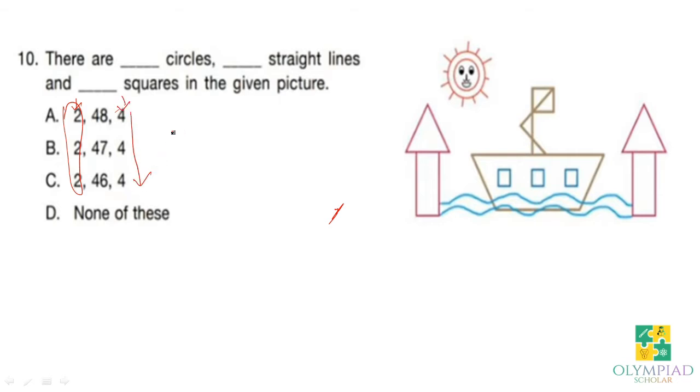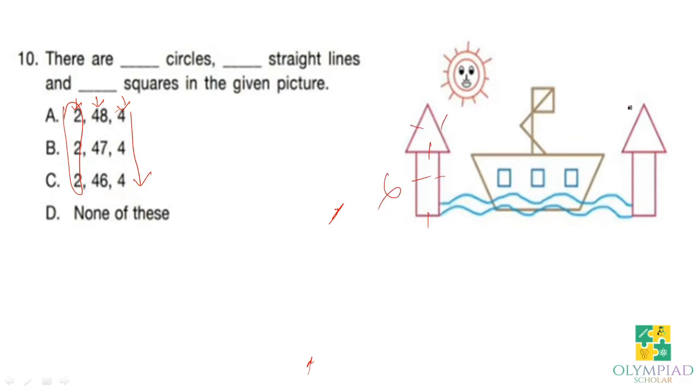So don't waste your time counting the circles and squares. You need to count the number of straight lines to get the answer. Let me tell you. This is 1, 2, 3, 4, 5, 6.